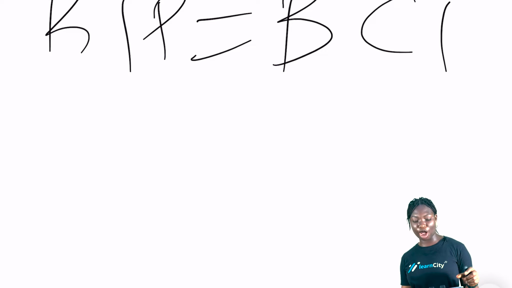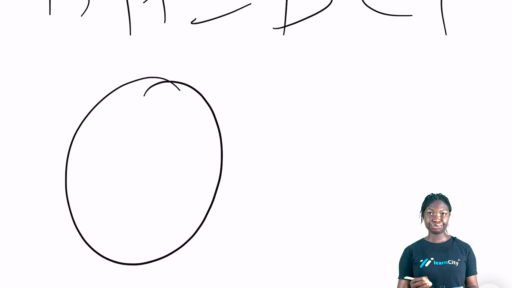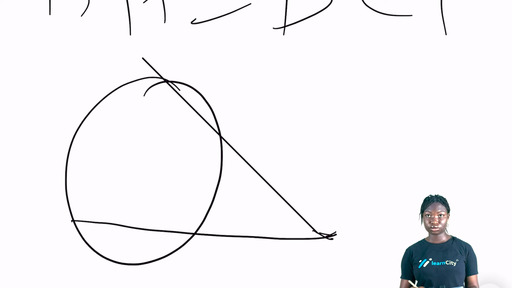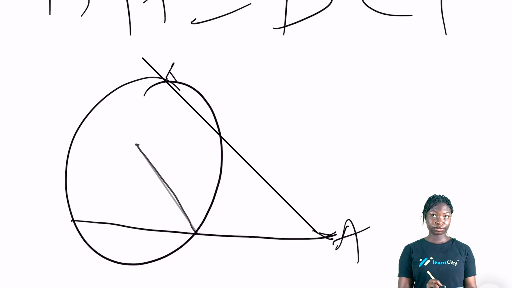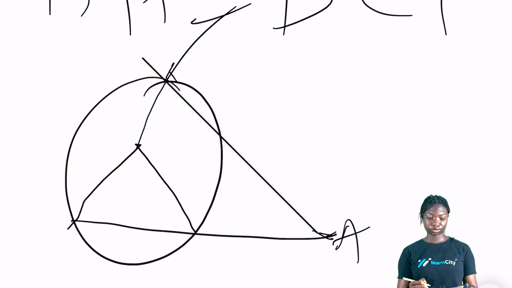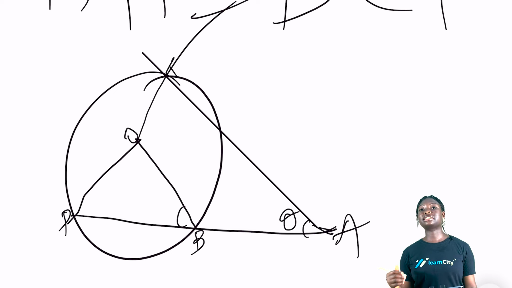Now, our second example is: calculate the size of theta in the figure below, where O is the center of the circle. We have our first diagram to be this circle, where we have A, T, O, P, B, and theta.